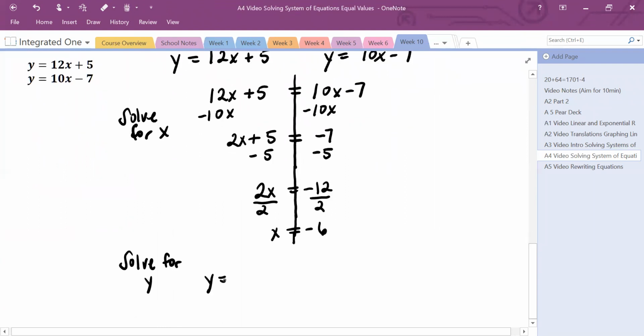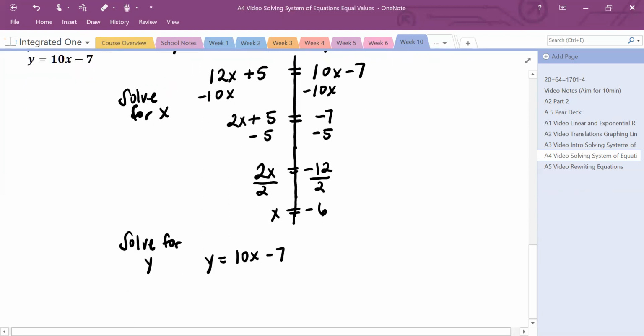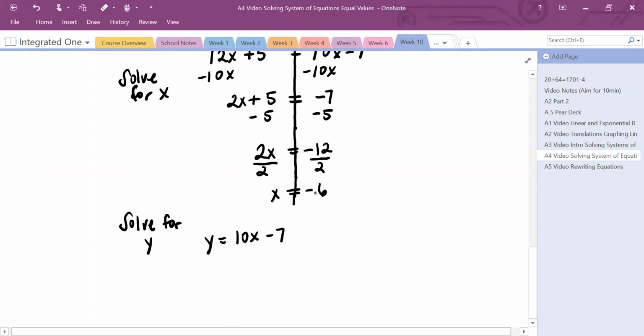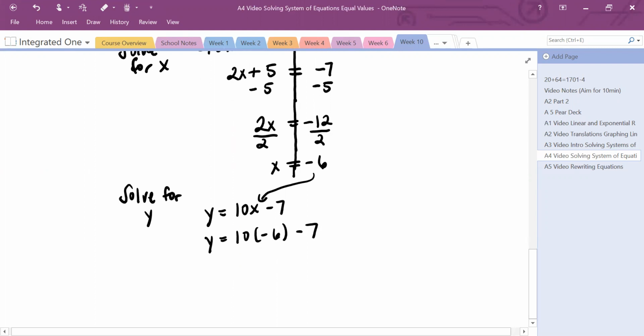And I'm going to substitute this negative 6 into here. So y is equal to 10 times negative 6 minus 7. Y is equal to negative 60 minus 7. Y is equal to negative 67.